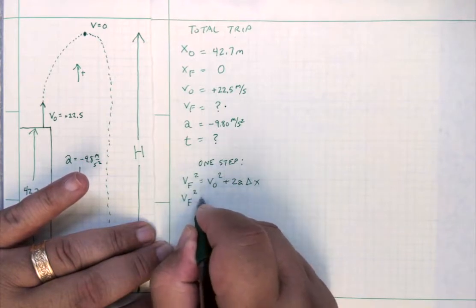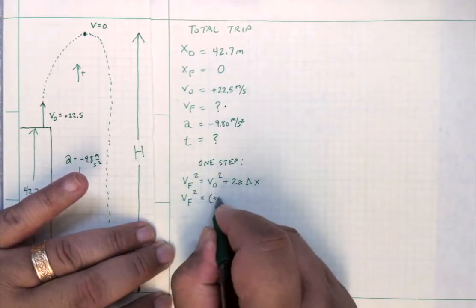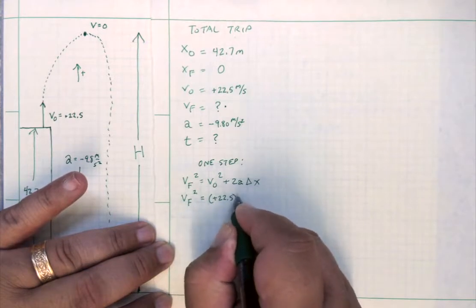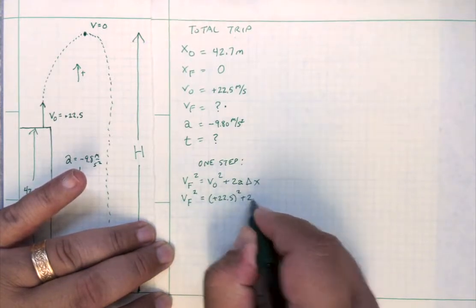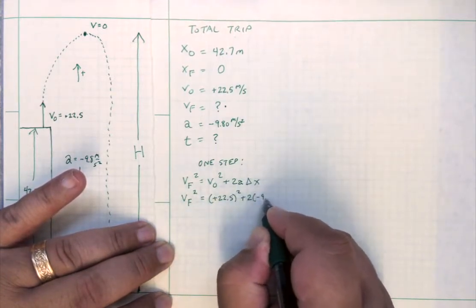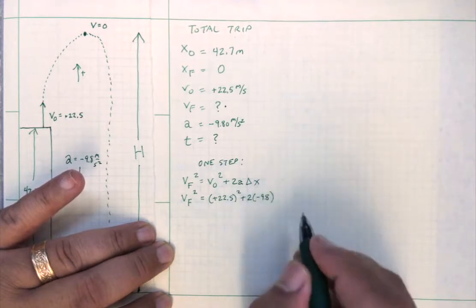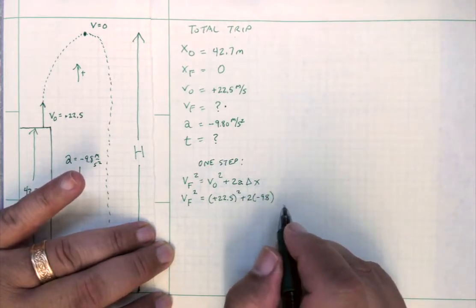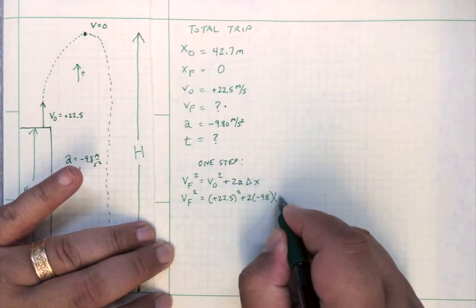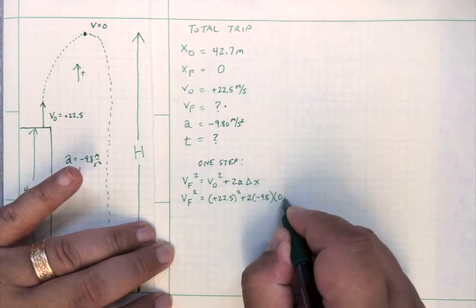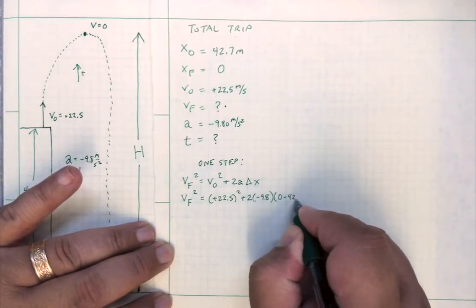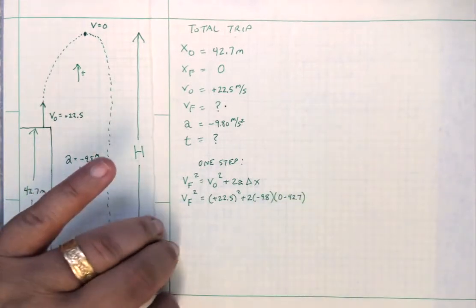We are looking for the final velocity. The initial velocity is positive 22.5, and the acceleration is negative 9.8. Now this delta x is going to be the final position, 0, minus the initial position, 42.7.